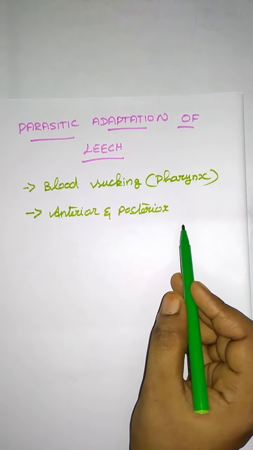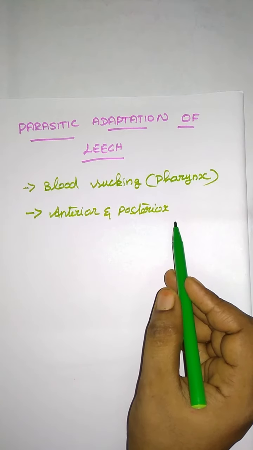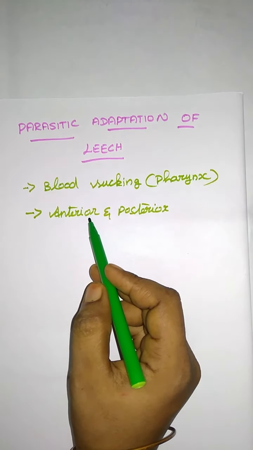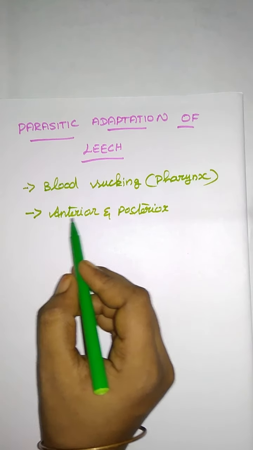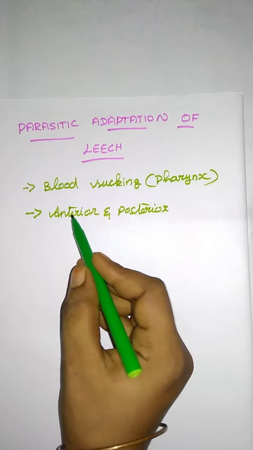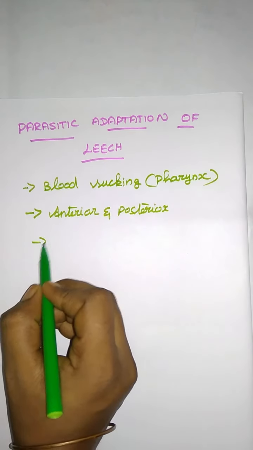Both are helpful for attachment, and the anterior sucker is helpful for feeding on the blood of the host.